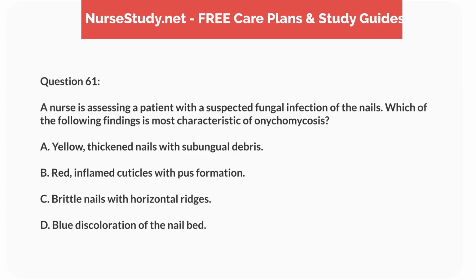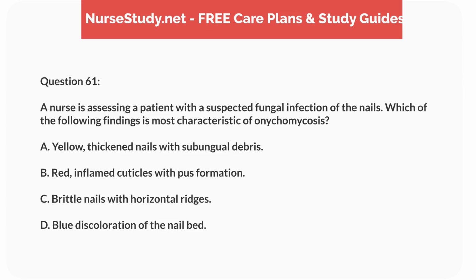Question 61. A nurse is assessing a patient with a suspected fungal infection of the nails. Which of the following findings is most characteristic of onychomycosis? A. Yellow, thickened nails with subungual debris. B. Red, inflamed cuticles with pus formation.